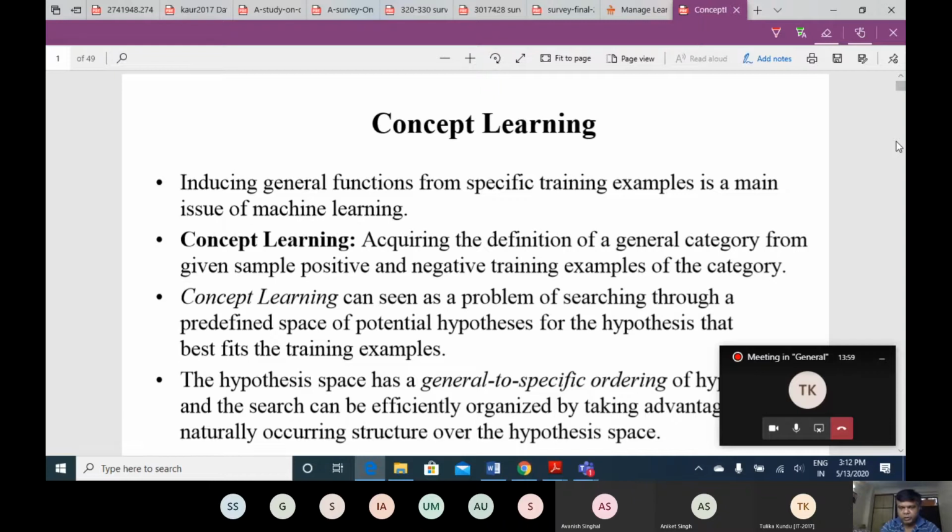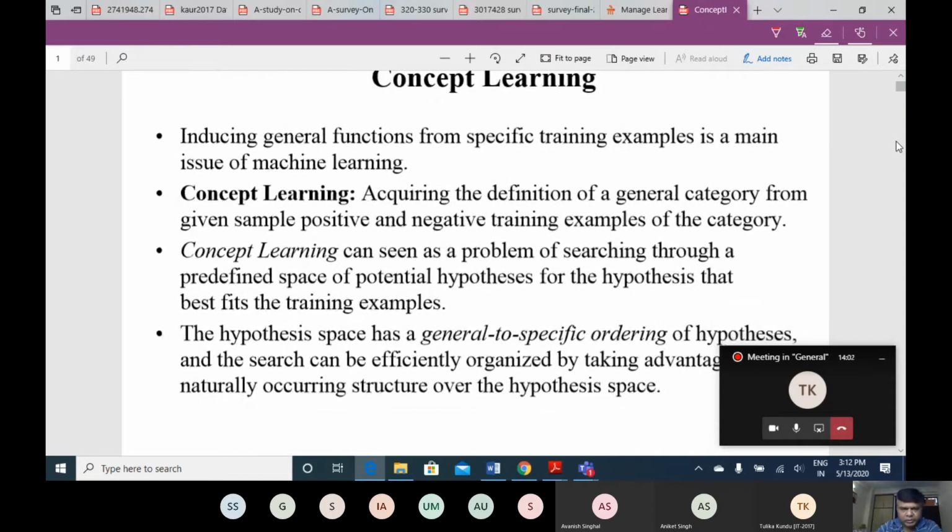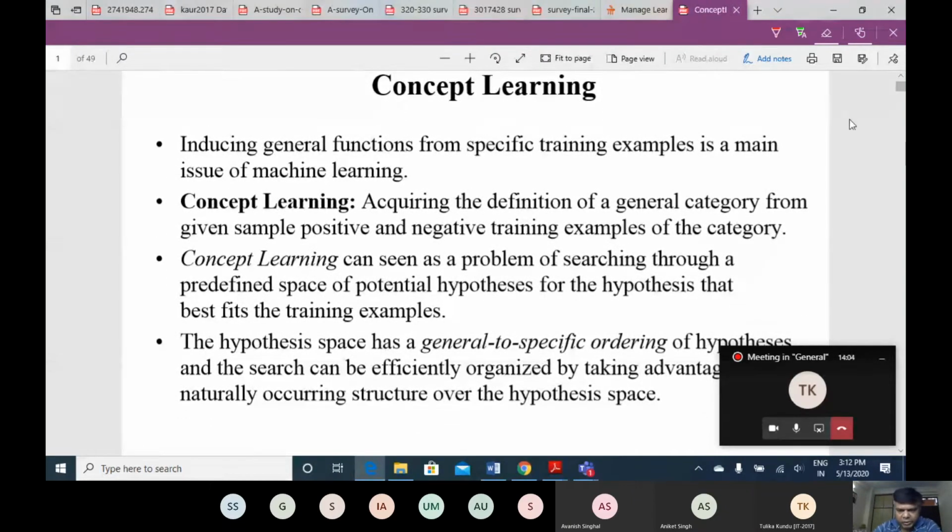For more understanding, we will go into details one by one in this slide.